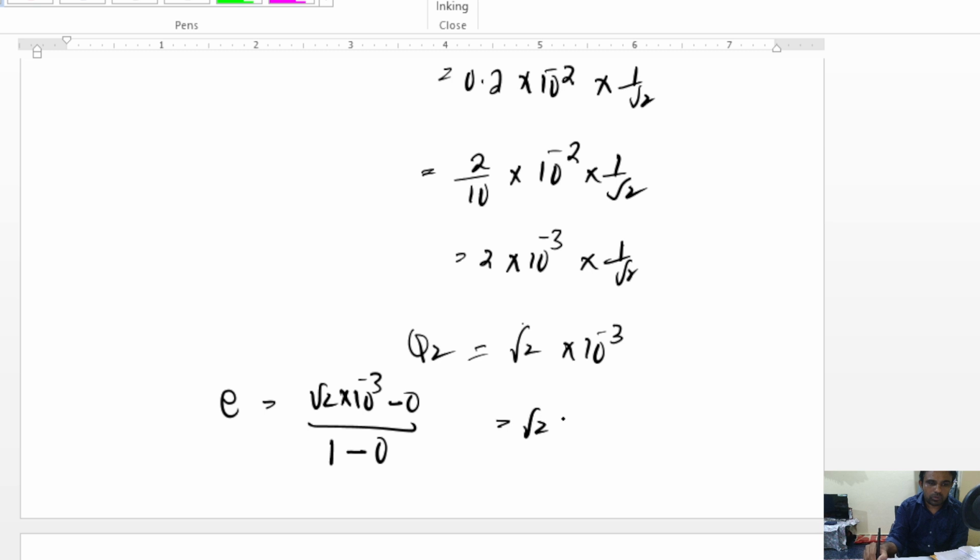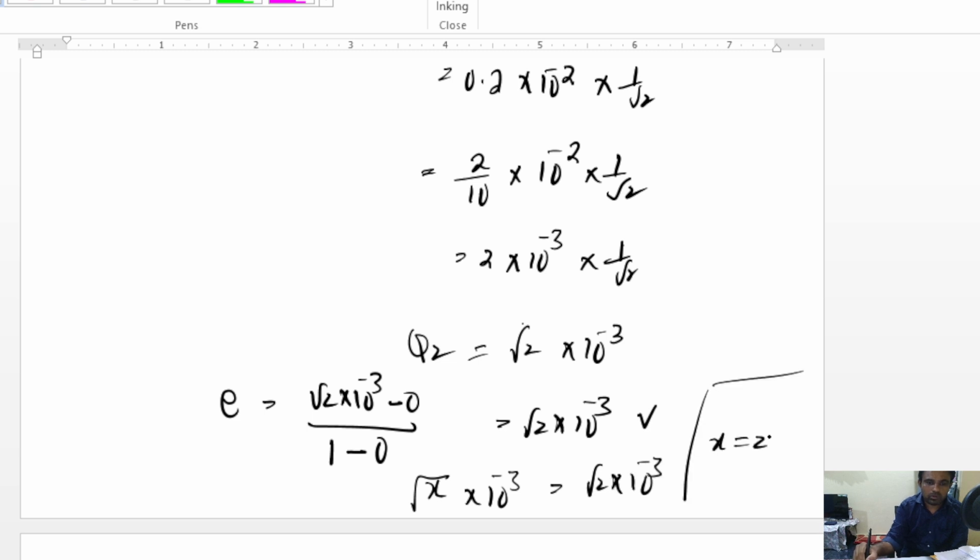So root 2 into 10 to the power of minus 3 volts. So compared to root of x into 10 to the power of minus 3 in the question, given root 2 into 10 to the power of minus 3. So from this x is equal to 2, our answer.